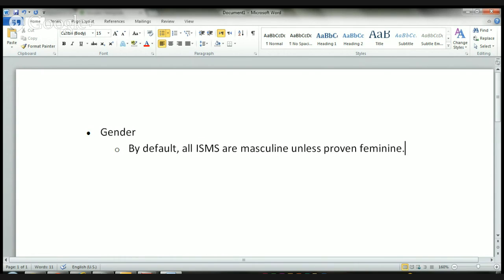Okay? By default, all isms are masculine unless proven feminine. So what are we really studying then? We're actually just studying how to see if a word is feminine. And I'll reiterate it.